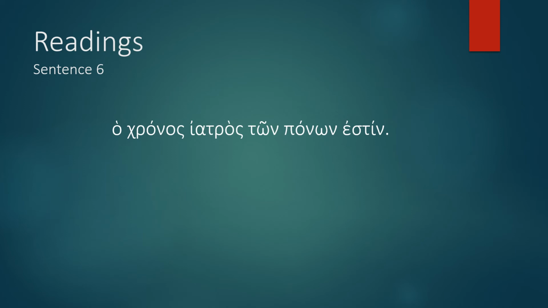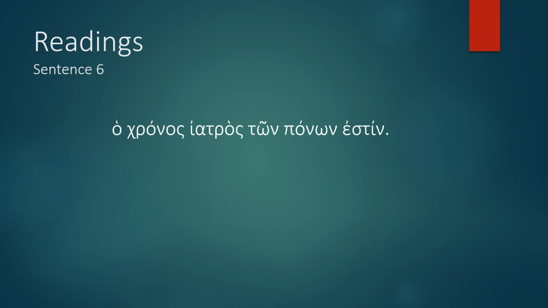When you have two different nouns being linked together by a copulative verb, that is the linking verb, a pretty common trend is that the one which is the subject gets the definite article. Ho chronos iatros ton ponon estin.